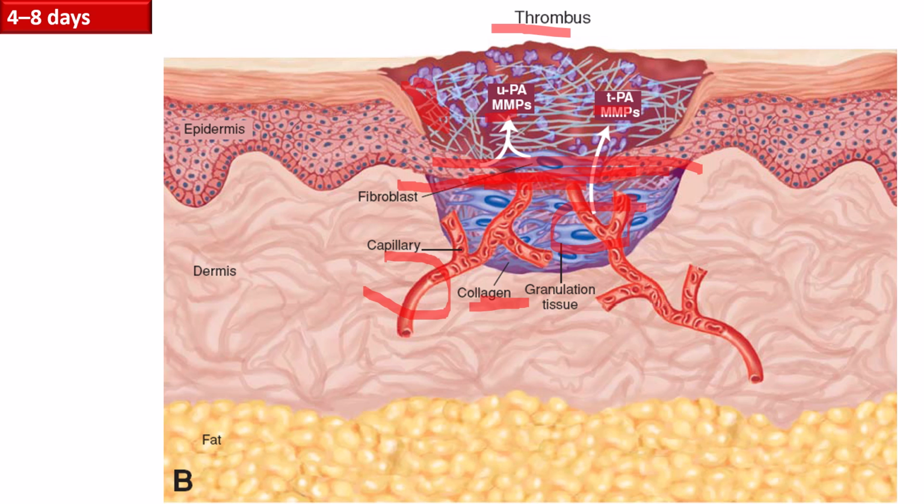This granulation tissue that has started to form grows upward and fills the gap created by the wound. Simultaneously, the migrating epithelium, under the influence of transforming growth factor, edges the wound and eventually covers the wound.